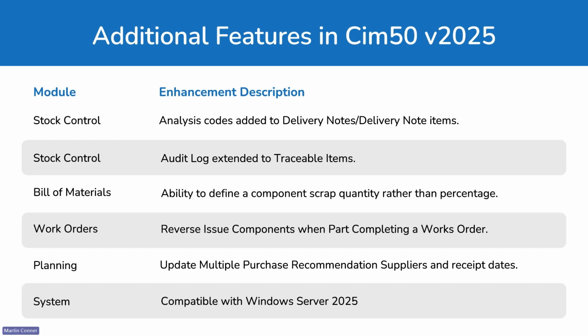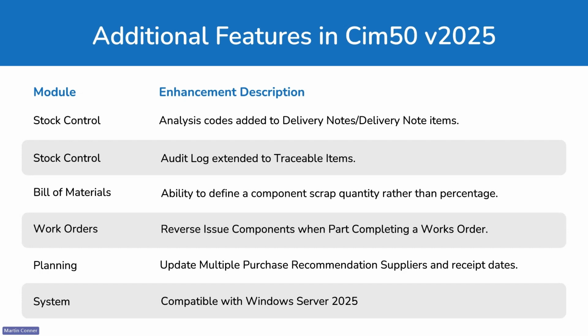On the planning side of things, you can now update recommendation suppliers and receipt dates. So if you've got a whole bunch of purchase recommendations that you want to move from one supplier to another, then you can. Or it might be that you've got a number of recommendations that you want to bring in all on the same date for the same supplier even.